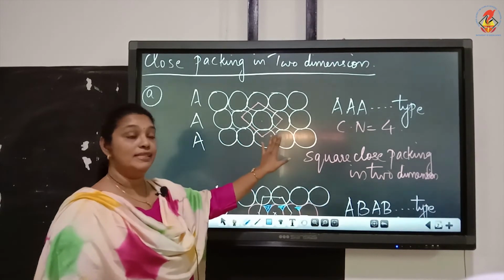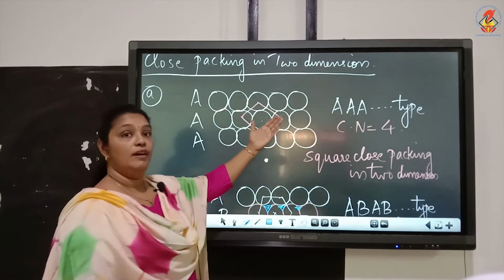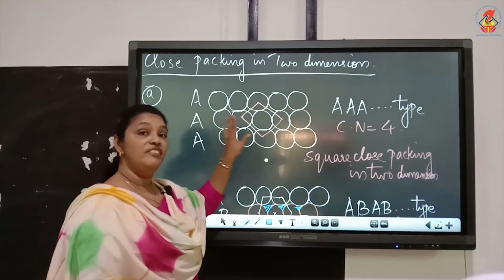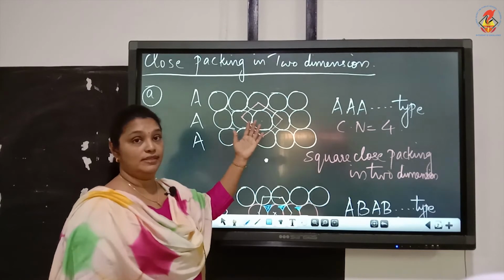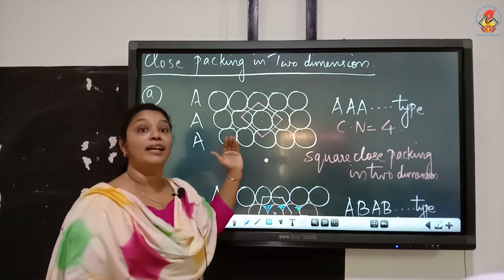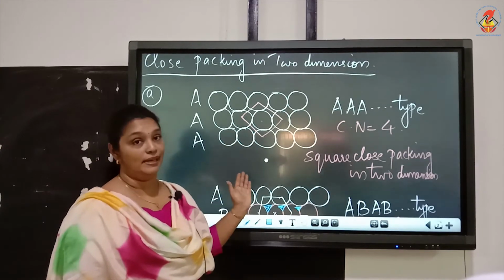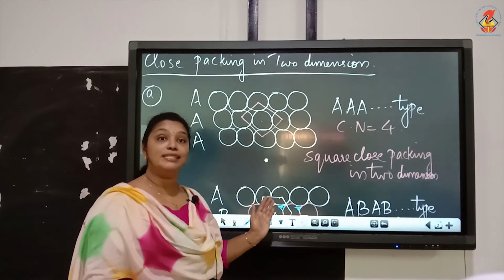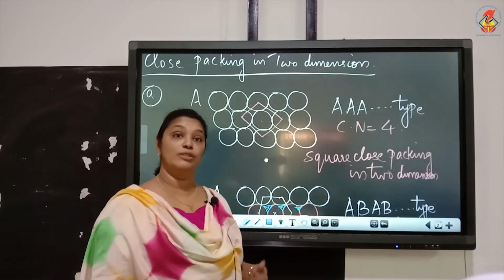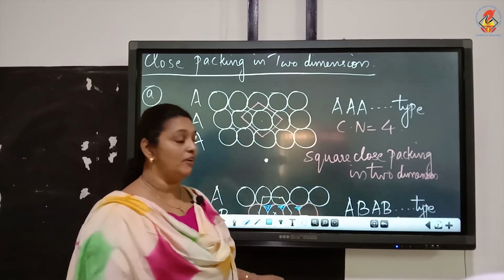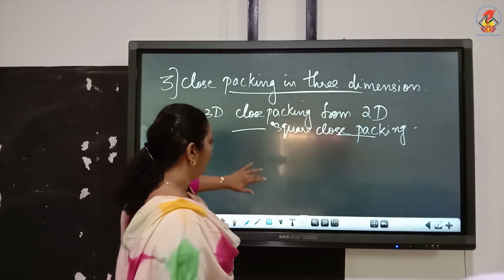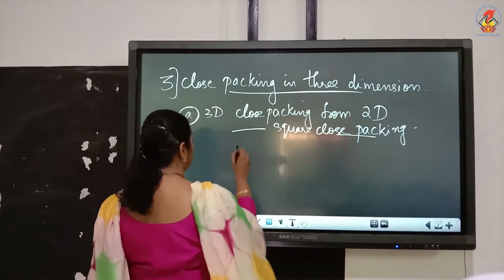Now, we are going to place a second layer on this first layer. When we place it, the second layer is placed exactly in alignment with the first layer. So, if we call the first layer A type, we can call the second layer A type, third layer also A type. So, what type of arrangement do we have here? We have here AAA type of arrangement.